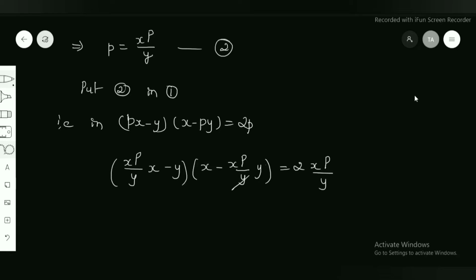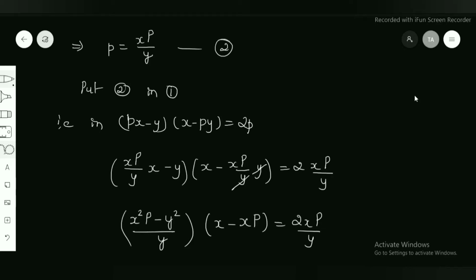This y and y will get cancelled. We are left with (x²P - y²)/y, and simultaneously I have taken the LCM as well, times (x - xP) = 2xPy/y.